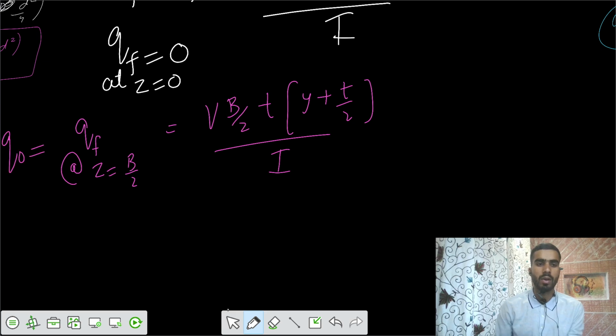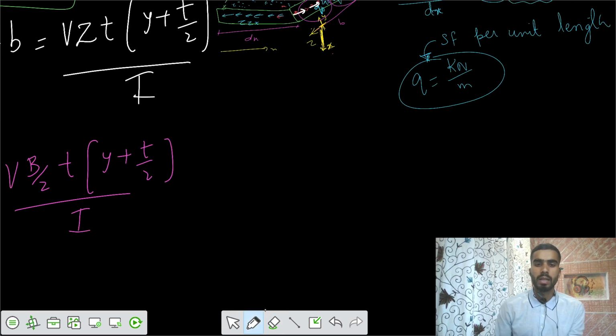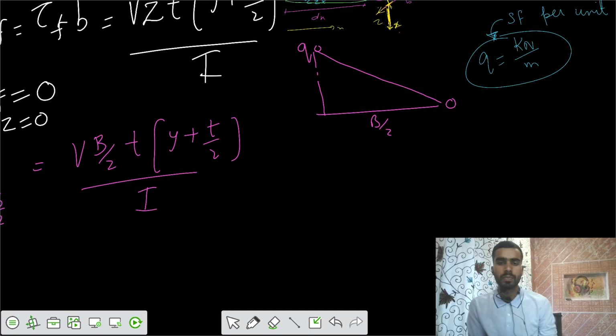So there is a linear variation of shear flow up to the width b. There is a 0, and this is some value Q naught at the mid, at a width of b by 2. So we got this variation of shear flow.